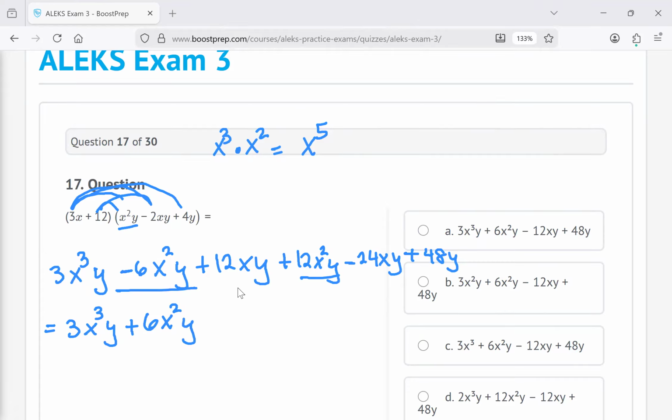And then you have this 12xy and negative 24xy. That is going to be negative 12xy. And then you have that 48y. Yep, looks like C. 3x cubed. Oh no, it's not C. You need a y. I think it's A. 3x cubed y plus 6x squared y minus 12xy plus 48y.